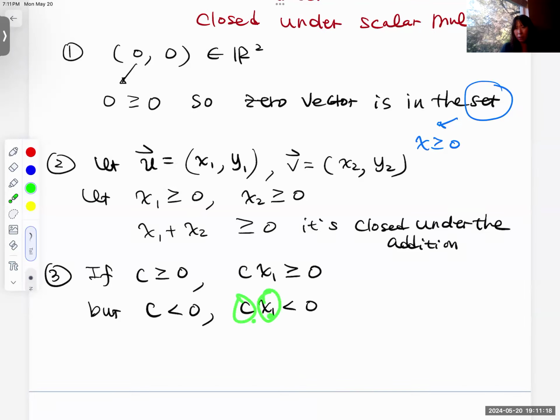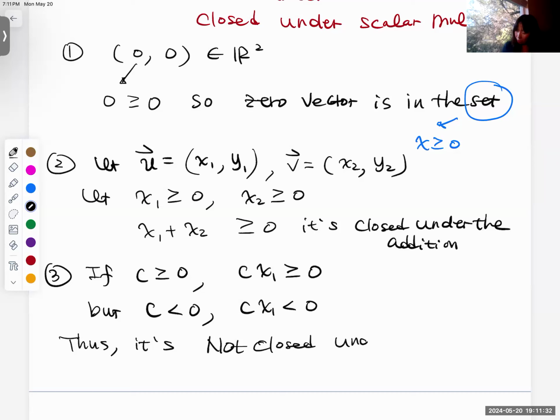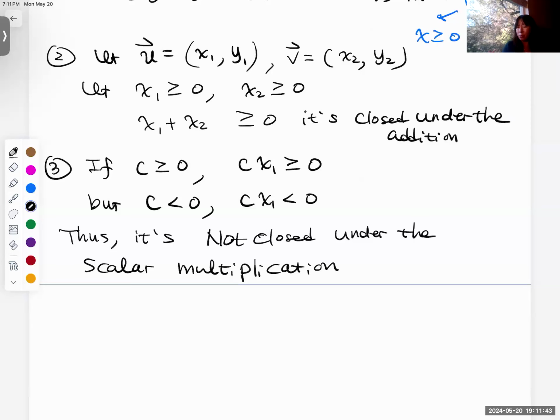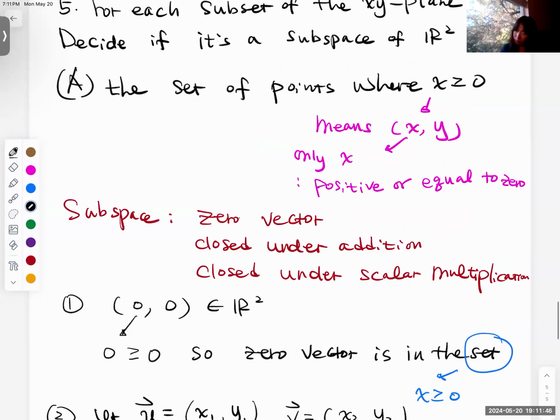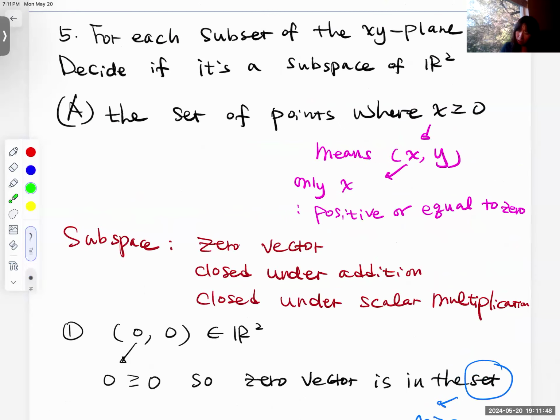And this is a positive, multiplied with a negative, and positive times negative is negative, right? So thus it's not closed under scalar multiplication. So we say that it's not a subspace. So this is not a subspace of R2.